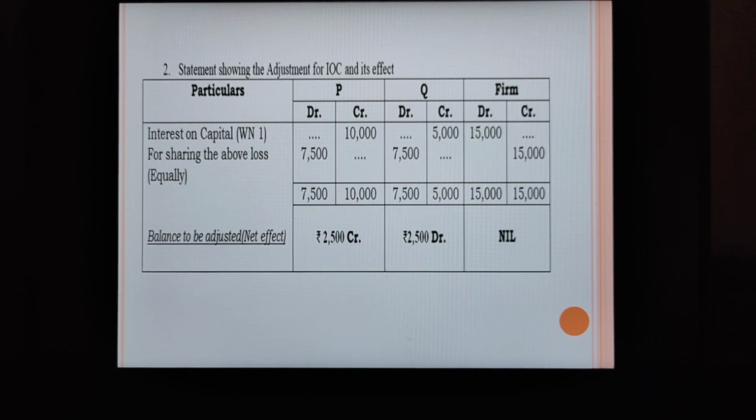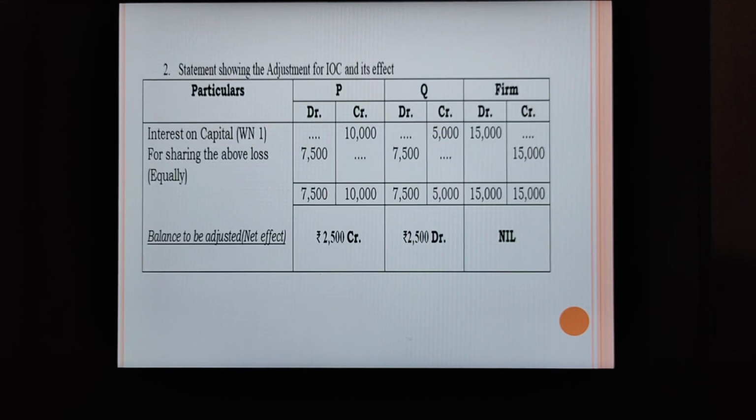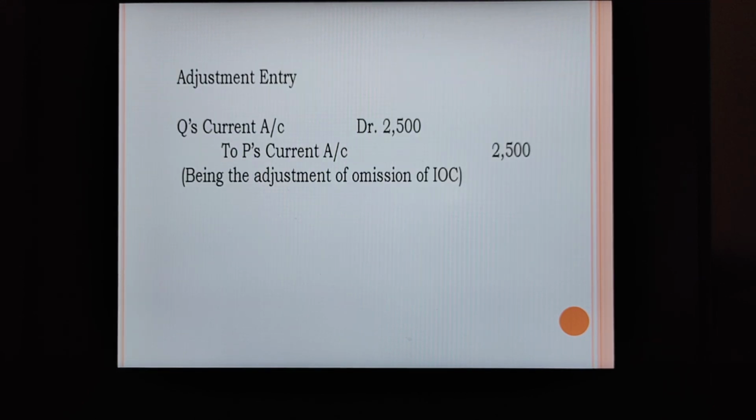In the same way, in Q's column the debit amount is 7,500 and the credit amount is 5,000, and in the firm it is equal, 15,000 and 15,000. So after deducting, we get 2,500 credit and 2,500 debit. What we studied at the very first is that debit and credit should be equal. So what will we write here? Q's current account debit to P's current account. See, again we have the balance amount that should be adjusted, and this is the adjustment entry.